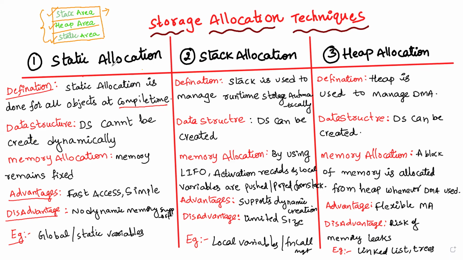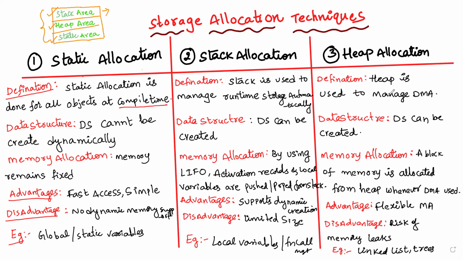Okay, so in static it is going to happen at compile time, but in the stack it is going to store automatically by runtime. So static will use compile time and stack will use runtime. Then we'll see the definition of heap allocation.